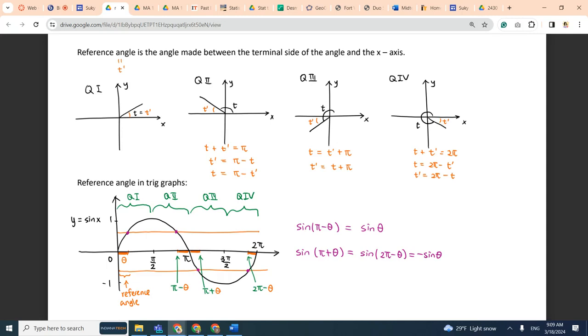So this is the pi plus theta. This is the 2 pi minus theta. Look at the y value. The y value is negative of the sine theta. So you can see this from the picture. Okay, thank you. Everybody okay with the sine graph?